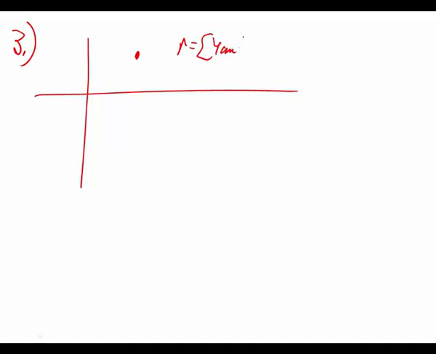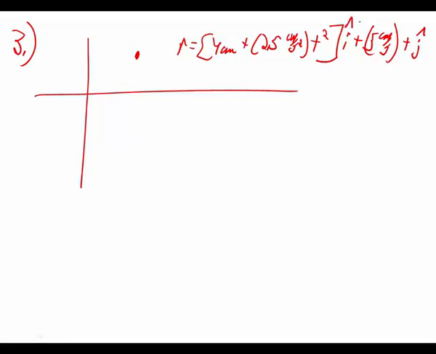4 centimeters plus 2.5 centimeters per second squared, T squared, I plus 5 centimeters per second, T, J. Put my caret cap on it.